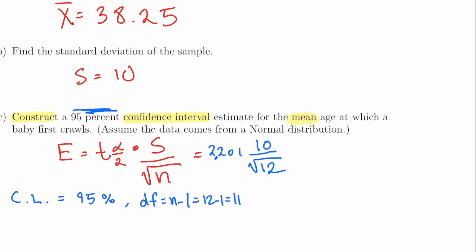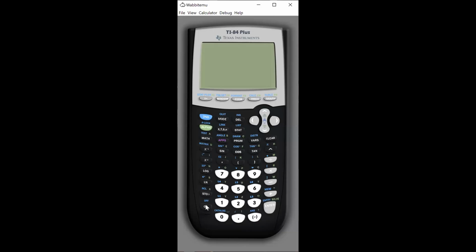So let me transfer over to the TI-84. Let me turn it on. Let me clear this. So we get 2.201 multiplied by 10 divided by square root of 12.